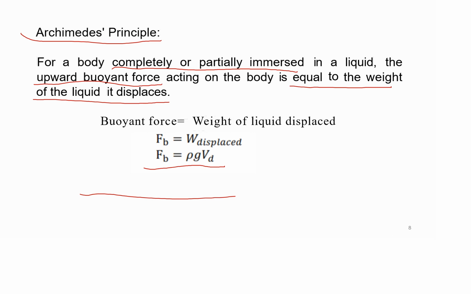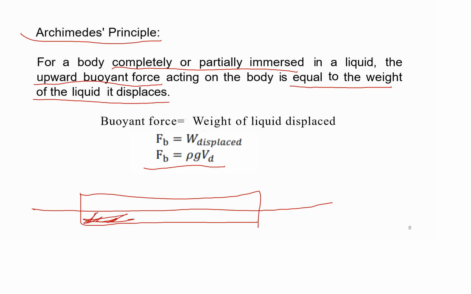For example, you have a rectangular boat that is partially submerged. Only the volume inside the water is calculated as Vd. So this is the Vd.